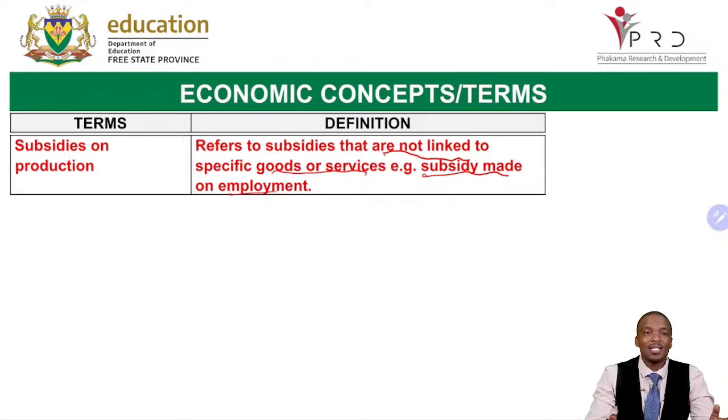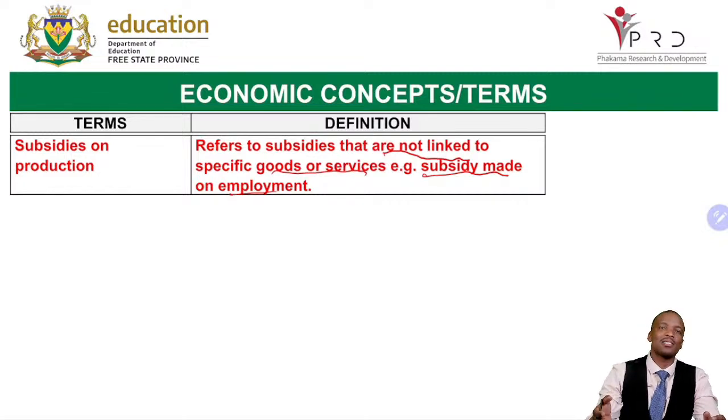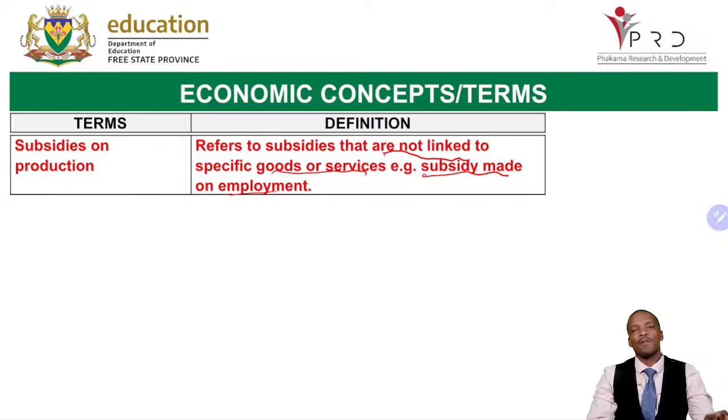For example, subsidies that are made on employment. If the country realizes that there are increased unemployment figures, but there are industries or firms that are willing to employ people but do not have the capacity, they will apply to the government for subsidies on relief, and that money is going to be used to pay the employees. If you remember, during the COVID times we didn't want the businesses to totally shut down.